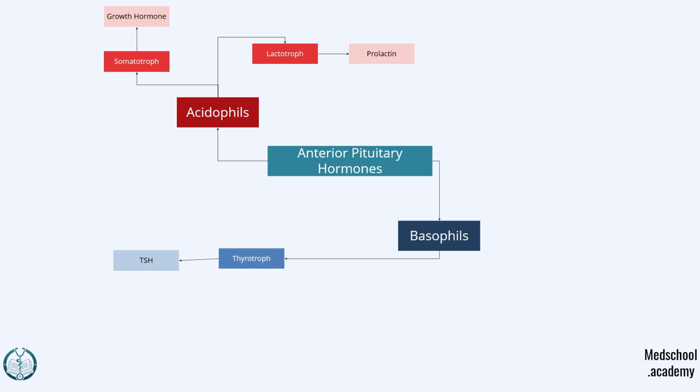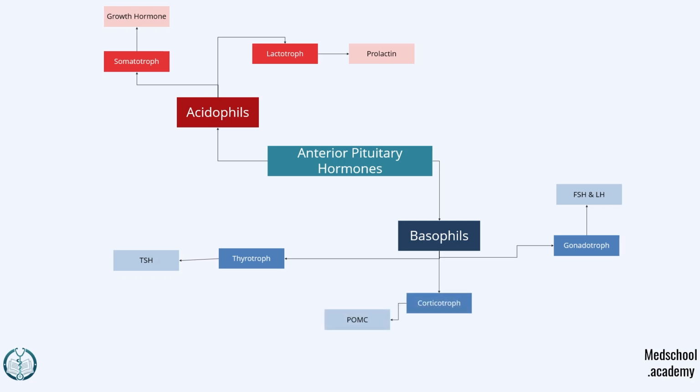The first one being thyrotroph. These cells synthesize TSH. And the next one is gonadotroph. These synthesize two different hormones. The first one being FSH and the second one LH. Then we have corticotroph.